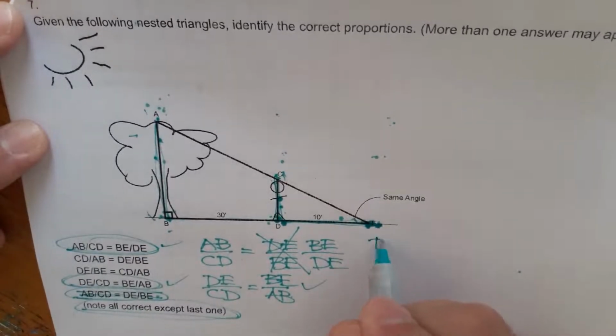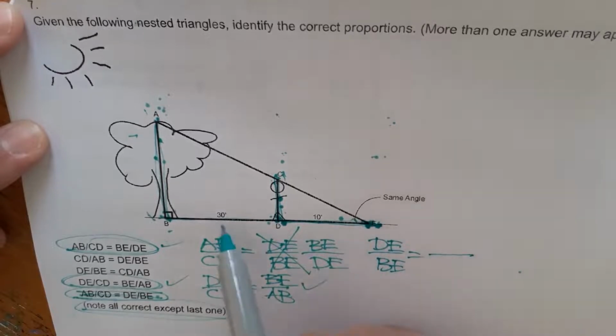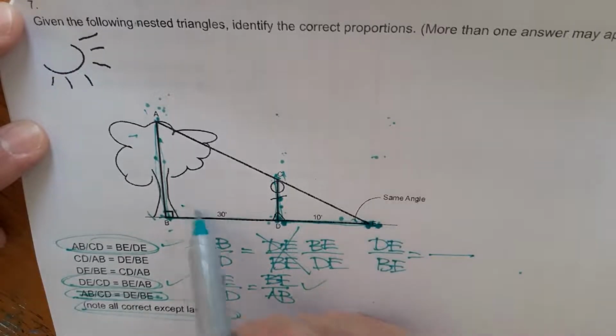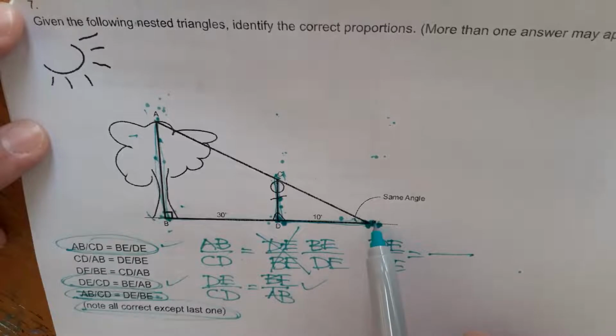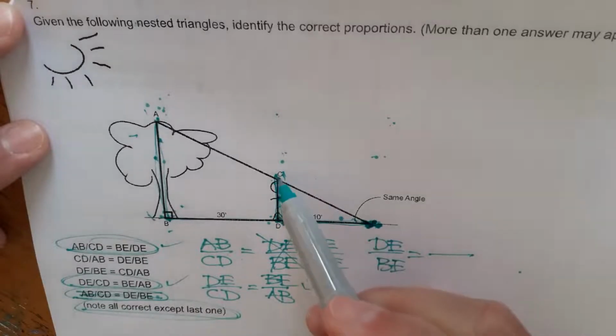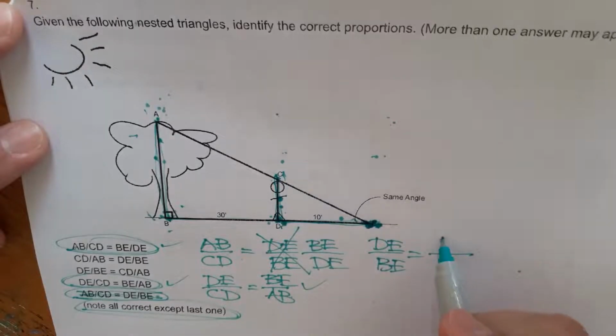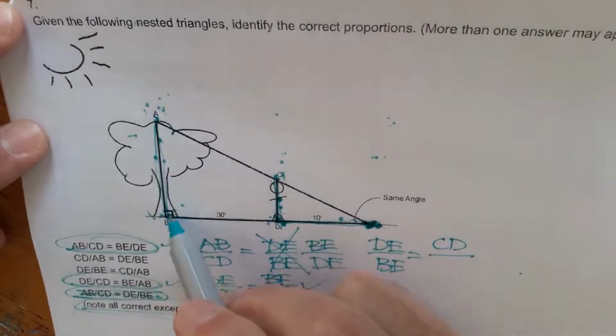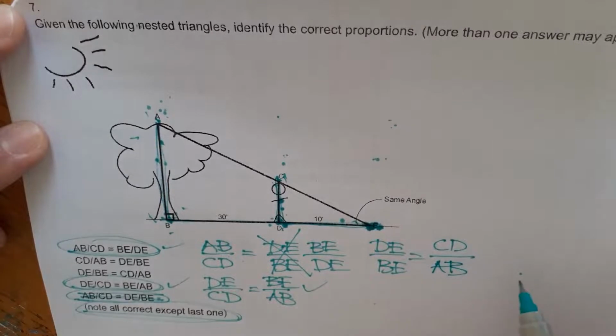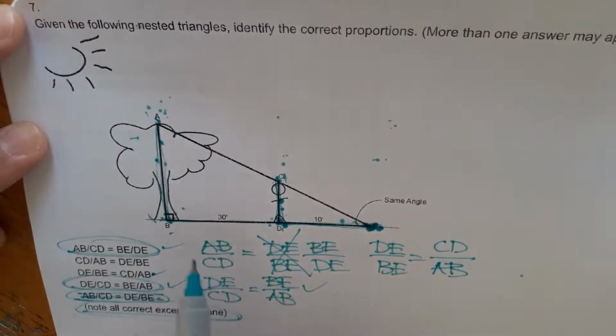All right, DE over BE equals what? DE over BE. So, base of small over base of large. Now I would do height of small, CD, over height of big, AB. We're staying in a consistent order, and sure enough, this is CD over AB. This is good.